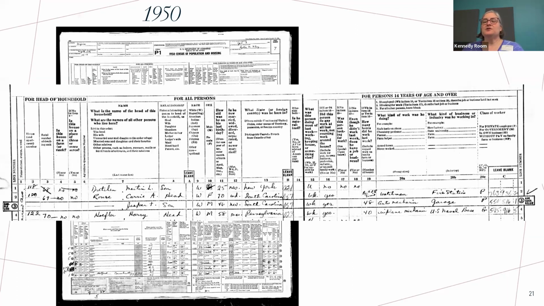And then for all persons, the name of each person living at this residence as of April 1st, relationship to the head of household, race, sex, age at last birthday, marital status, where born, state or foreign country. If foreign born, is he naturalized?